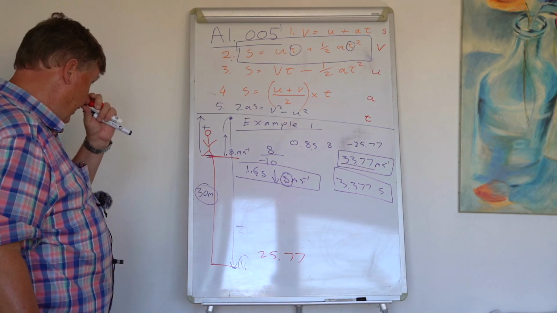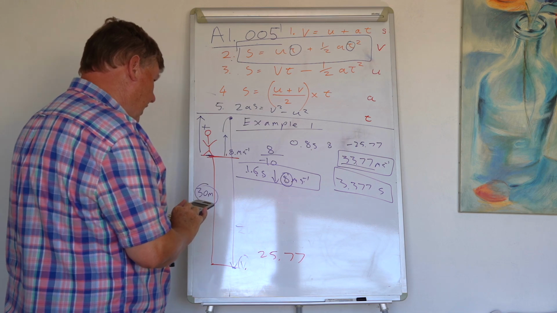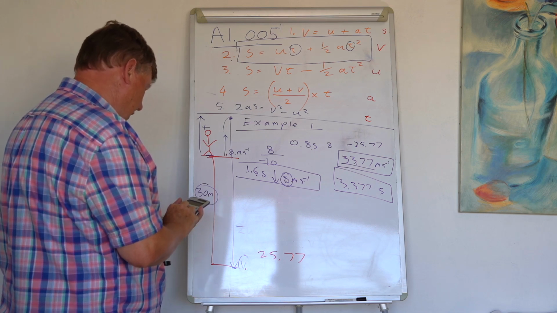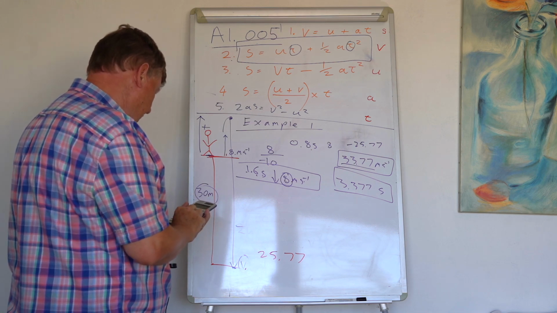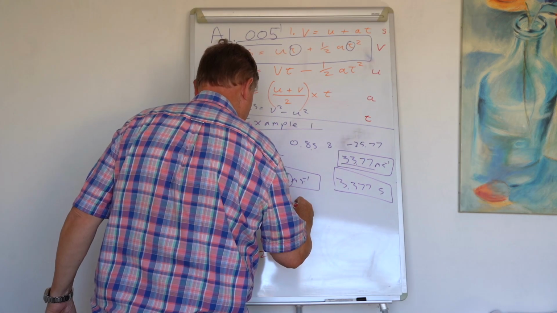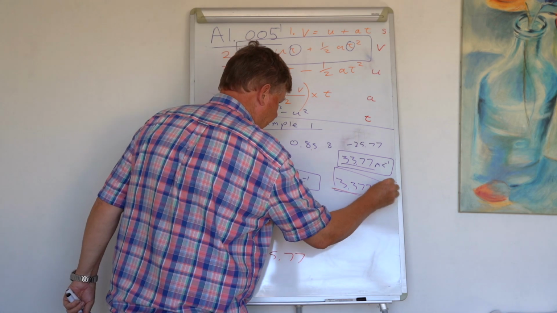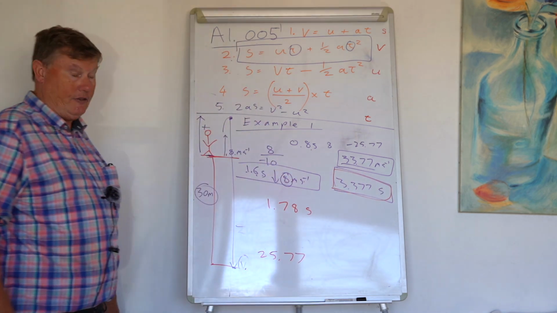Well, 25.77 take away 8, which is 17.77, and divide by 10, 1.78 seconds. Now look, 1.6 and 1.78, what do we get? Total flight time of 3.377 seconds.